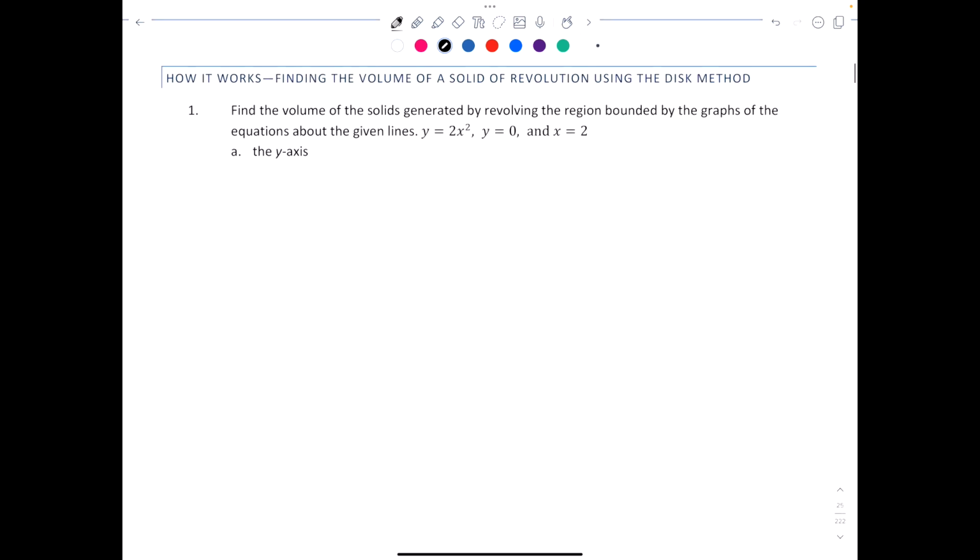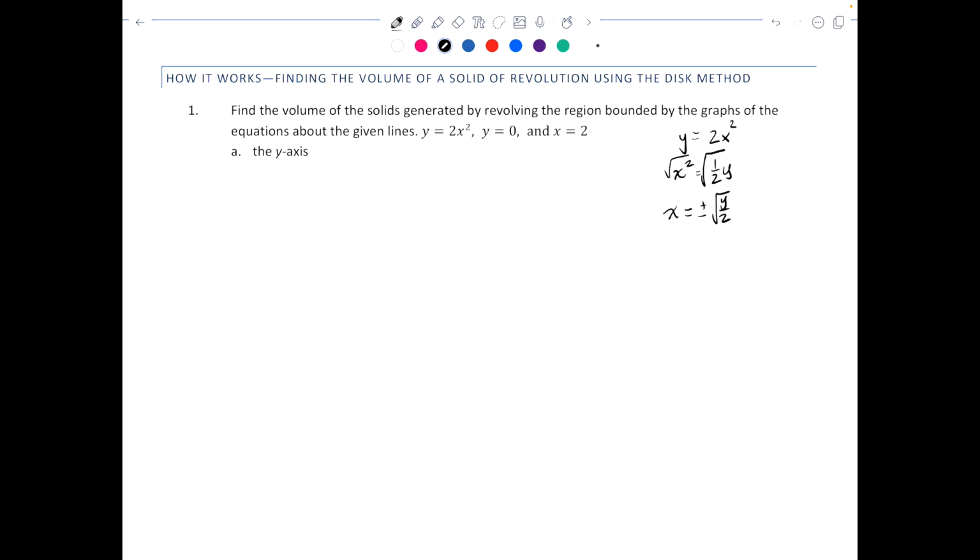That won't change. So we've got y equals 2x squared. Now, depending on what we're rotating about, we might want to also solve for x. So let's just do that real quick. If y is 2x squared, x squared would be 1/2 times y. And then if you square root both sides, x would be plus or minus the square root of the whole quantity y over 2.